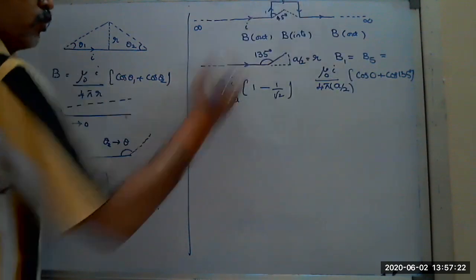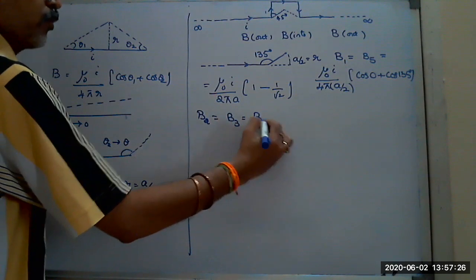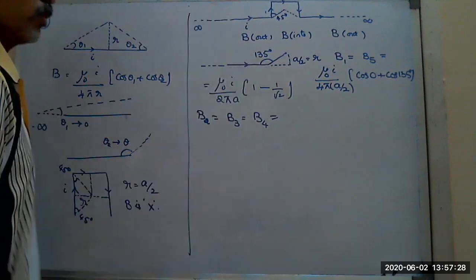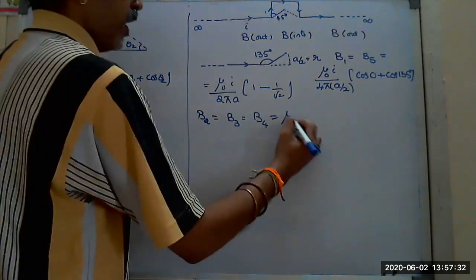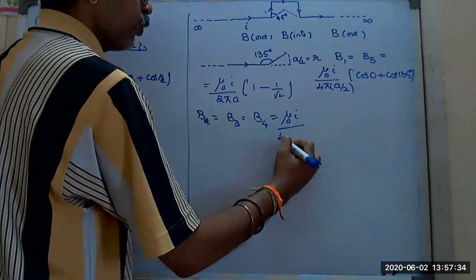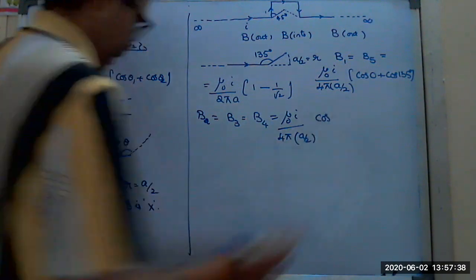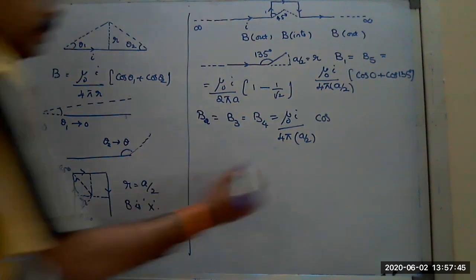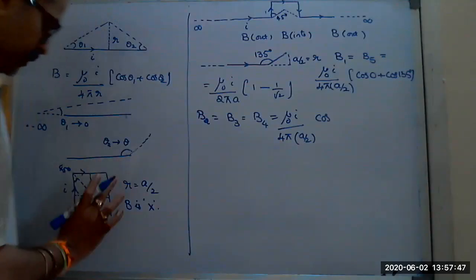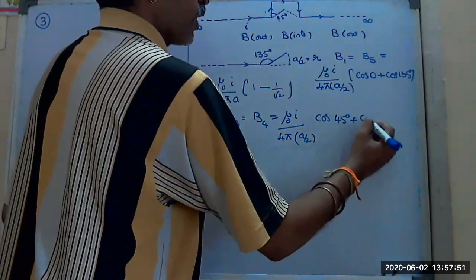So 2, 3, 4: B2 equals B3 equals B4 equals, I am writing again according to the formula, mu naught I by 4 pi a by 2 into cos, here one angle is 45 degrees, the other angle is also 45 degrees, both are 45. So cos 45 plus cos 45.